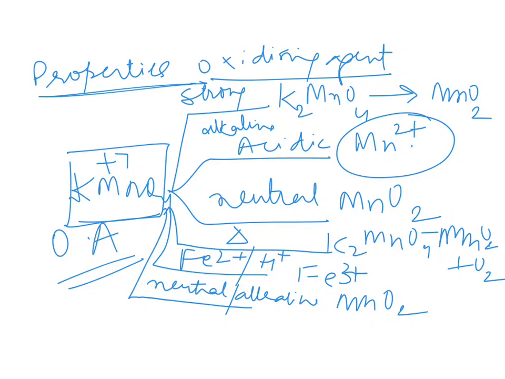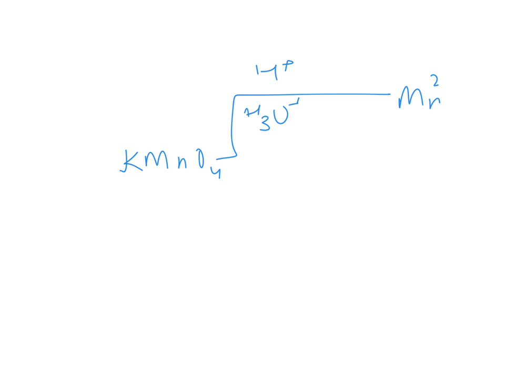Then next are more reactions. KMnO4 when dissolved in H+, forms Mn2+. If you take SO3 2- in presence of H+, it will be converted to SO4 2-, meaning plus 4 state is going to plus 6.